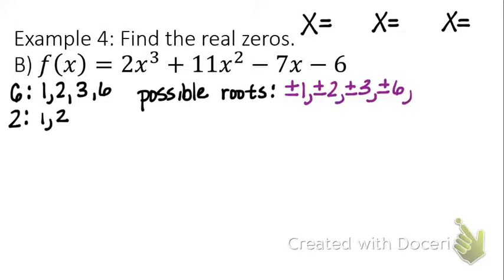So we have plus or minus 1, plus or minus 2, plus or minus 3, plus or minus 6. Now when you take those numbers and divide them by 2, what are your 2 additional roots that you can add?